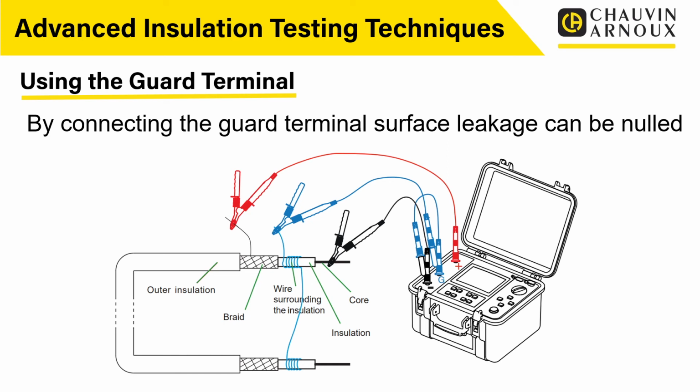So if we've got any of these surface paths where we're worried about surface conduction, we can connect the guard terminal to that point, and it effectively nulls out any of those surface leakage currents that would affect our readings and gives us a pure reading through the insulation, not around it. So the use of the guard terminal is really important, particularly when we're testing certain types of equipment where the surface leakage could cause problems. Again, using the guard terminal will allow you to increase the accuracy of your measurements.